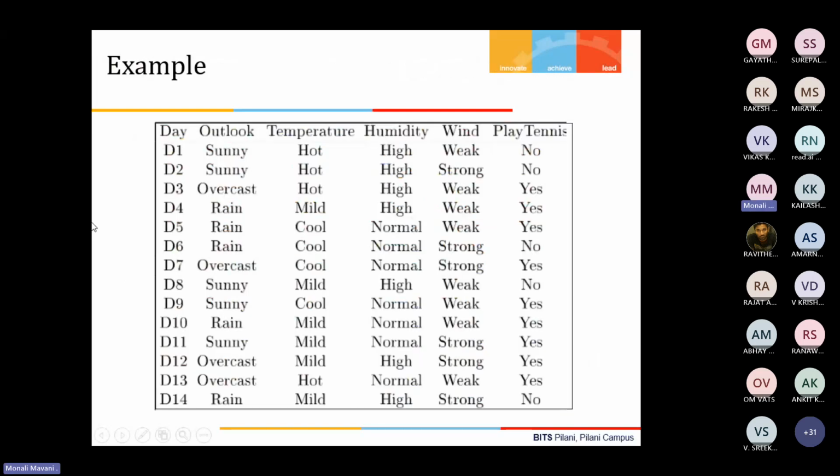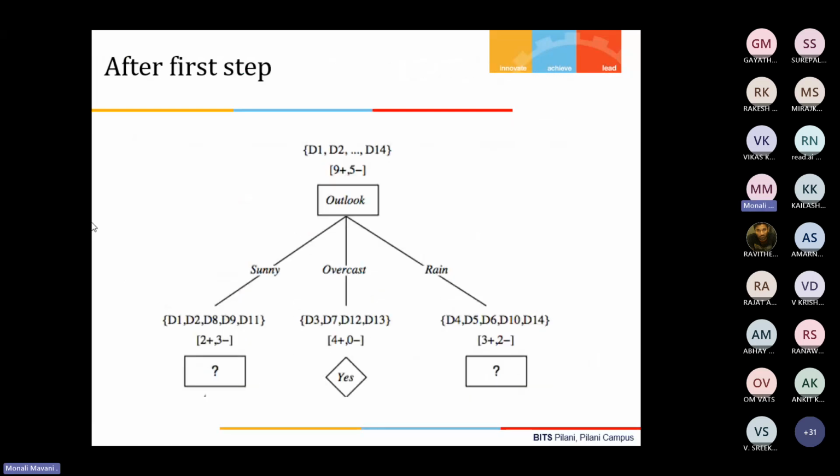So what we have achieved on this data set is that we now know what goes in the root node. Outlook will go in the root node, which has 3 values: sunny, overcast, and rain. 5 examples go to the sunny branch, 5 examples go to the rain branch, and 4 examples go to the overcast branch.